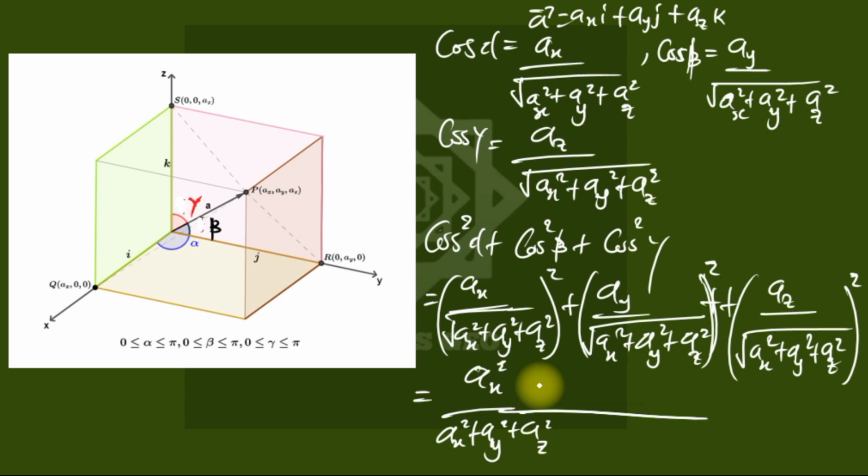If you notice, they have the same denominator, which is this, a_x squared plus a_y squared plus a_z squared. So what do you notice? The answer is 1. So from today, the sum of the squares of the direction cosines is always equal to 1. That's what will help us to solve the question.